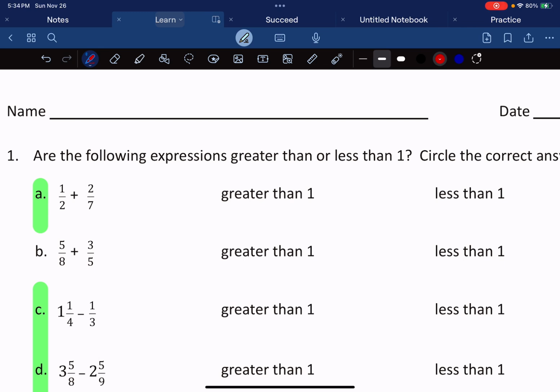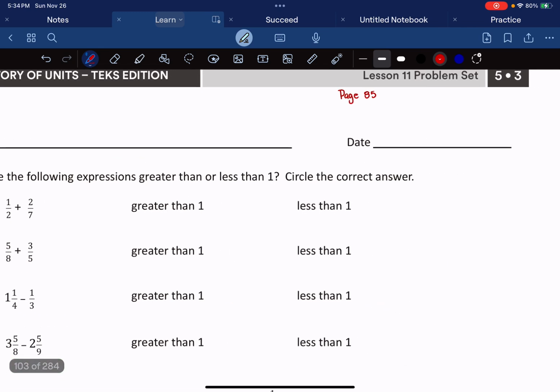So if we count by 2s and 7s, we get 2, 7. So 2, 4, 6, 8, 10, 12, 14, 16. I can stop there. I should be able to recognize that I can stop with a 14.